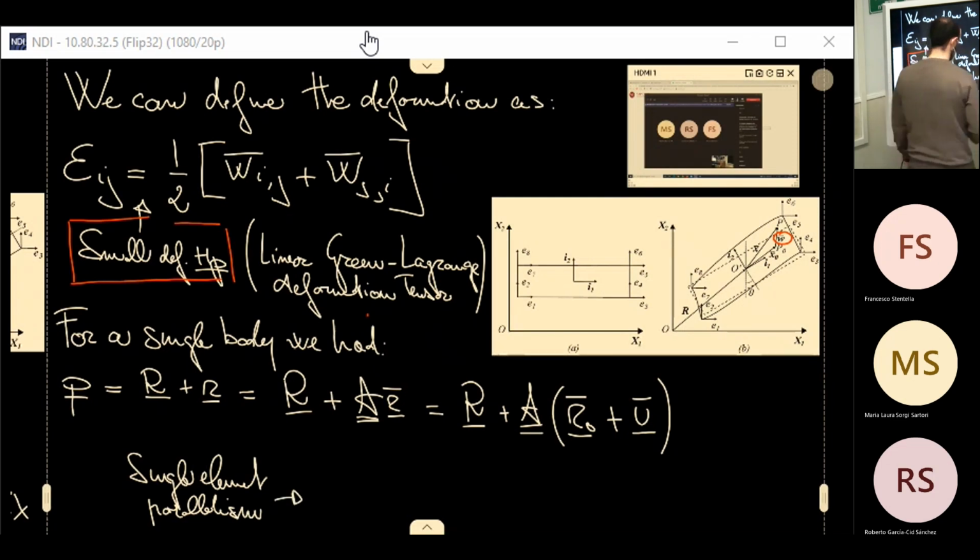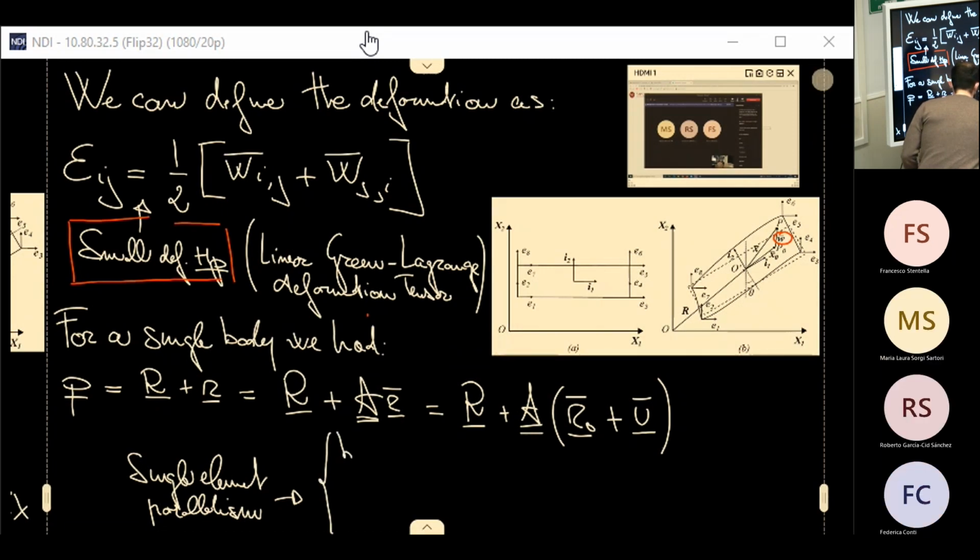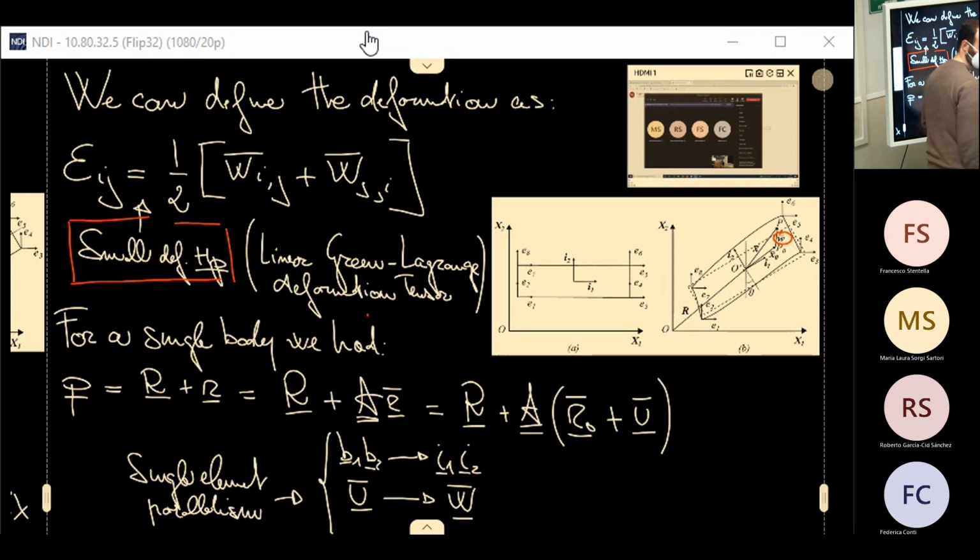we have that our frame B1, B2 becomes what? I1, I2, for the local frame. Then we have our displacement induced by the deformation, U over bar, which becomes, as we have said, W over bar.